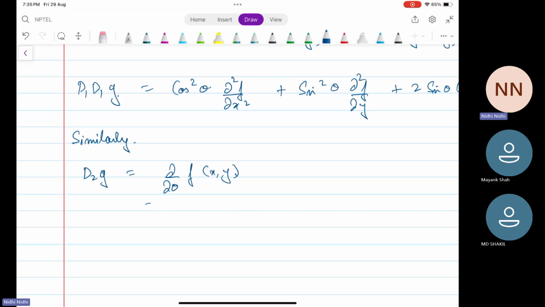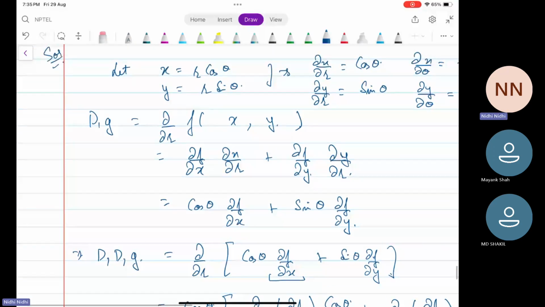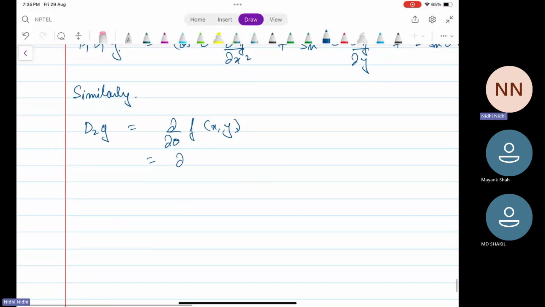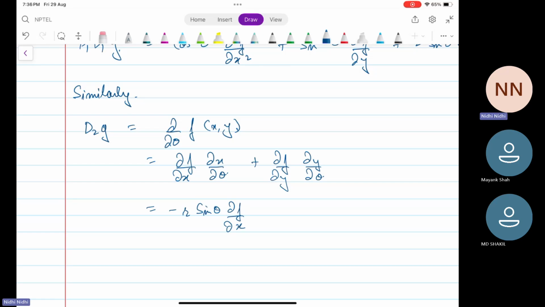So that will be del f by del x, del x by del theta, plus del f by del y, del y by del theta. So we will get minus r sine theta del f by del x plus r cos theta del f by del y.